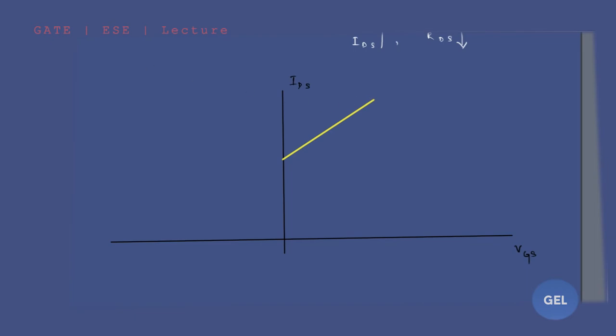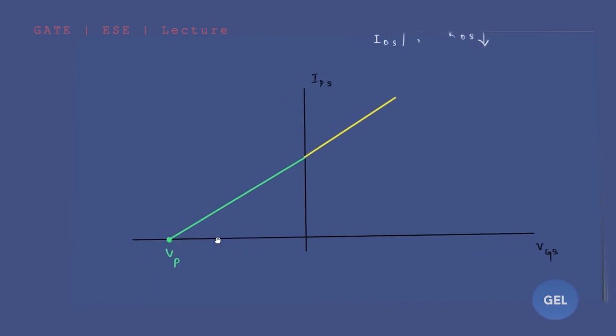So I can draw the graph like this, and I'm going to extend this graph in this way. क्योंकि at one large negative value of VGS, your current is shutting down, आपका करंट ज़ीरो हो रहा है. तो ये है आपका ओवरऑल ग्राफ. तो ये जो एरिया है, this area will be your depletion mode, you can say in this way.